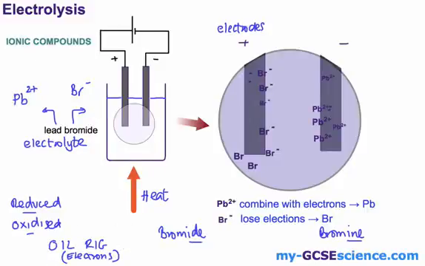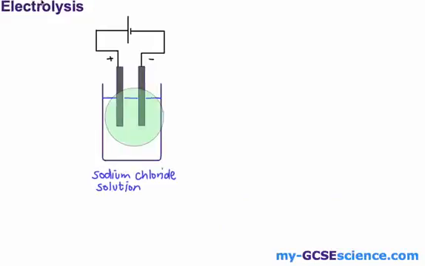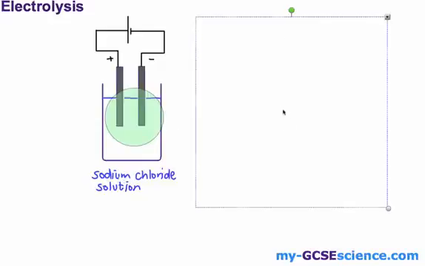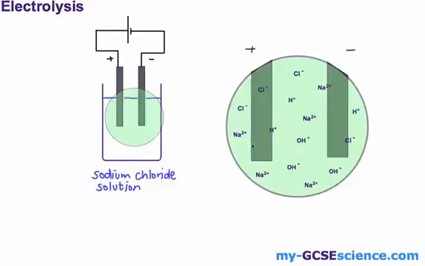Now the next thing I want to cover very briefly is that we don't always need to melt compounds in order to carry out electrolysis. With something like sodium chloride, we can dissolve it in water, so we end up with sodium chloride solution. The slight problem there is that we don't have just the sodium and chloride ions moving around in the solution. We also have hydrogen ions and hydroxide ions, and these two come from the water.